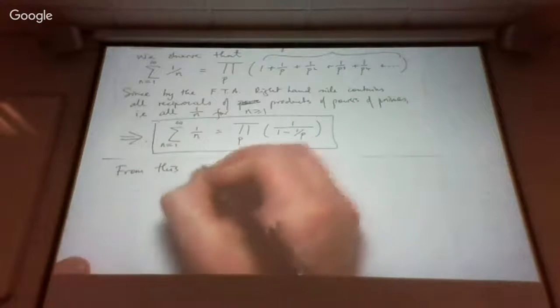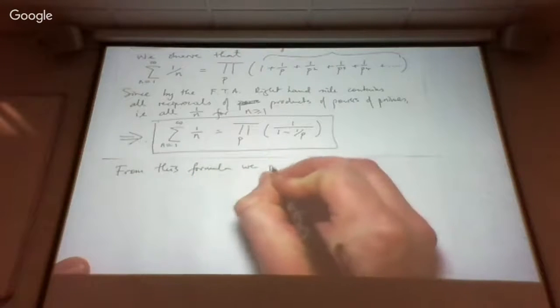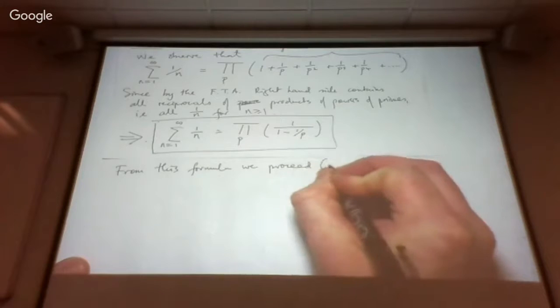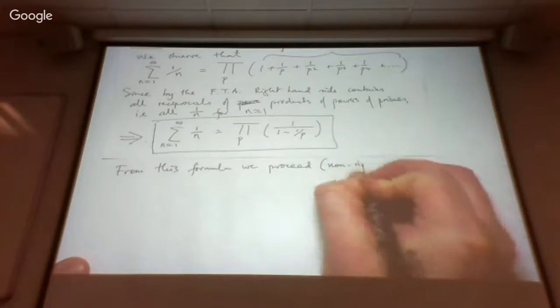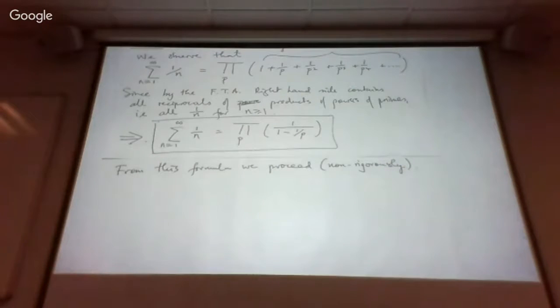So from this formula, we proceed again non-rigorously, highly non-rigorously. I'm about to do something which I normally would not do in front of children.